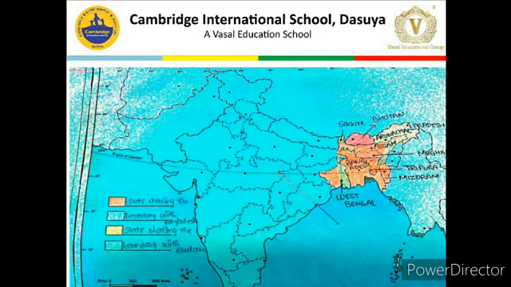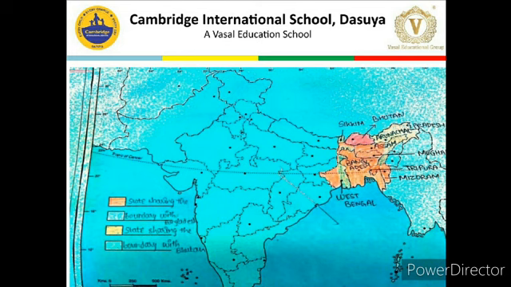Dear students, now we are going to focus on the eastern region of India. If we talk about Bangladesh, then you can see in the picture Bangladesh is shaded with orange color, and the map depicts regions sharing borders with Bangladesh. These are Assam, West Bengal, Mizoram, Meghalaya and Tripura.